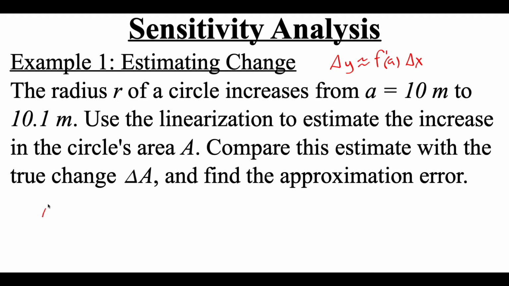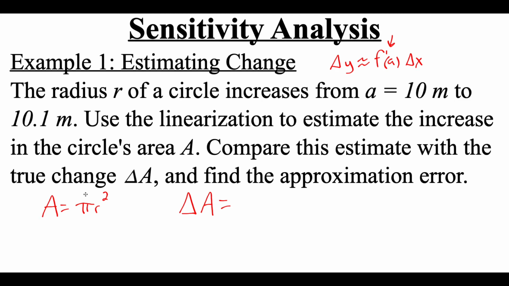So if we think about our area function for a circle, then that's pi r squared. So if we want to find the change in the area, we can approximate that by finding the derivative of our area function at the starting a value and then multiply by the change in the x value.